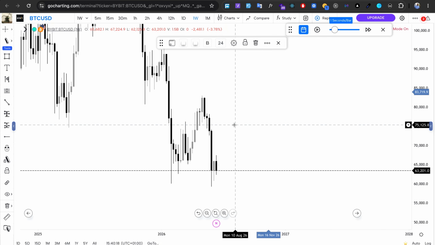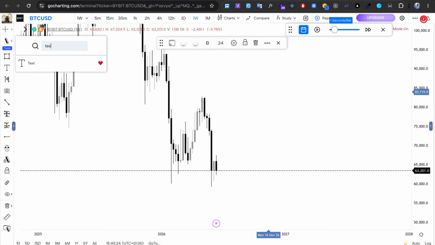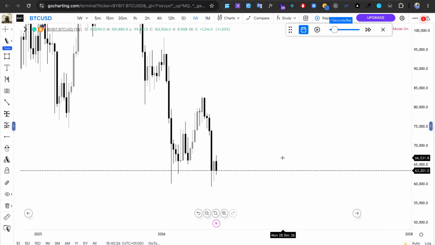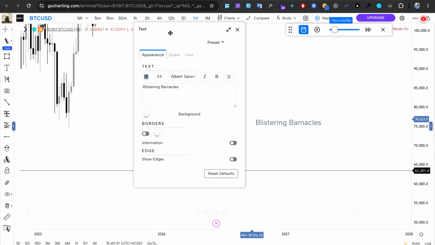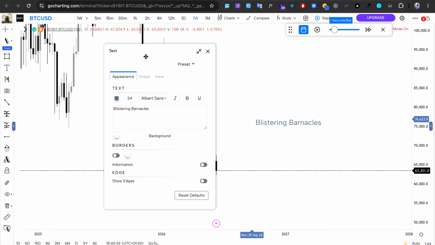So there are some things I look at in the beginning of any week. One is the bias, and you can call it the direction of the market.